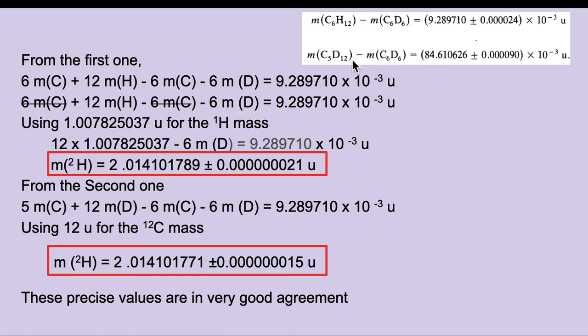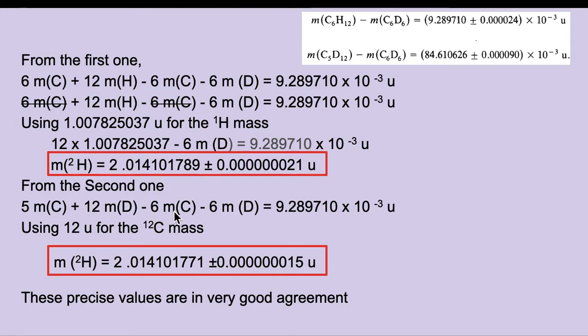And for the second one, similarly you can write 6 times mass of carbon plus 12 times mass of D minus 6 times mass of carbon minus 6 times mass of D or deuteron. Now you can use 12 U for the C12 mass.